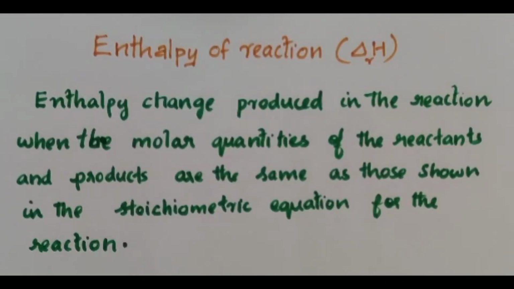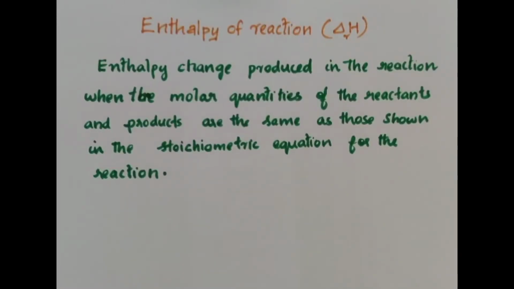Here the definition is: enthalpy change produced in the reaction when the molar quantities of the reactants and products are the same as those shown in the stoichiometric equation for the reaction. That is the enthalpy change of a reaction.